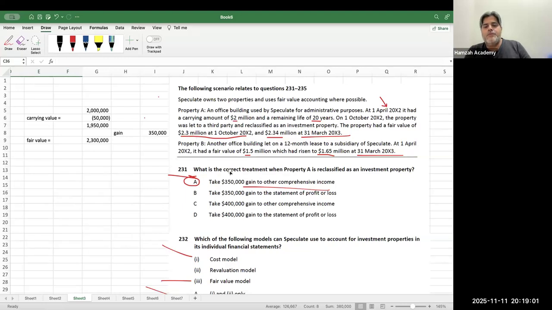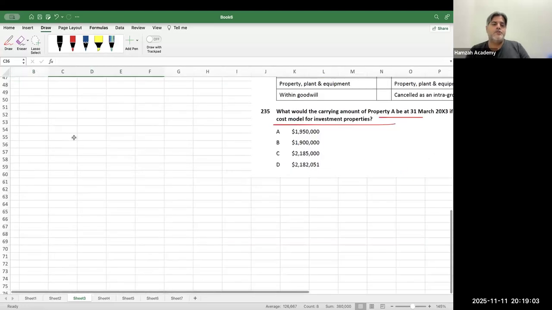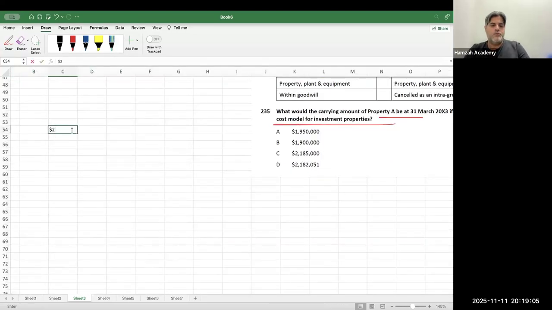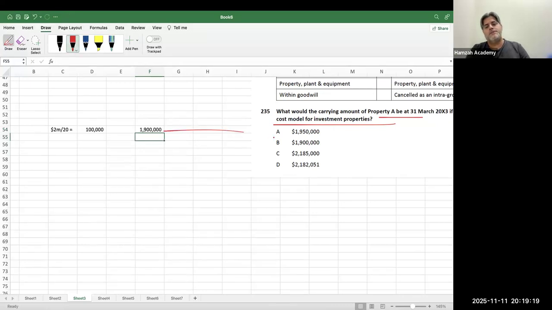So if you have continued, this would have been 2 million by 20 years. So 2 million by 20 years is 100,000 then. 1900. This is the answer over here, right?